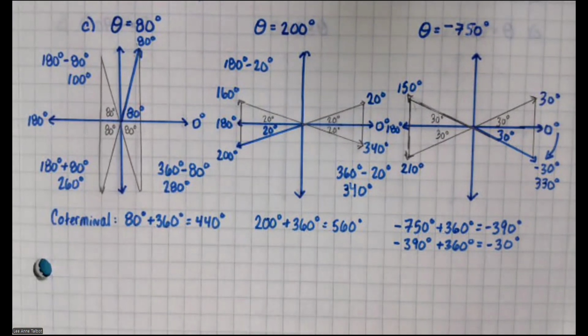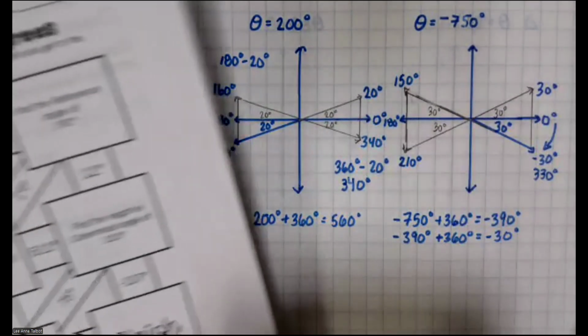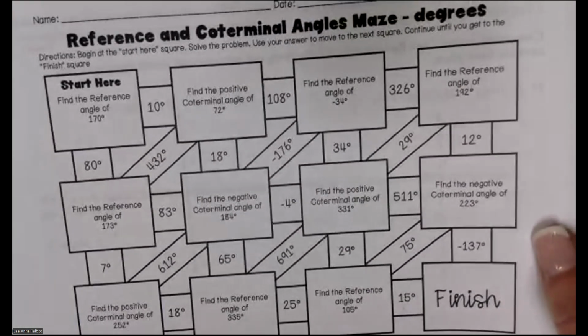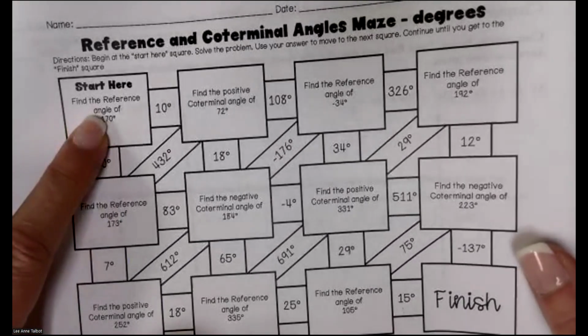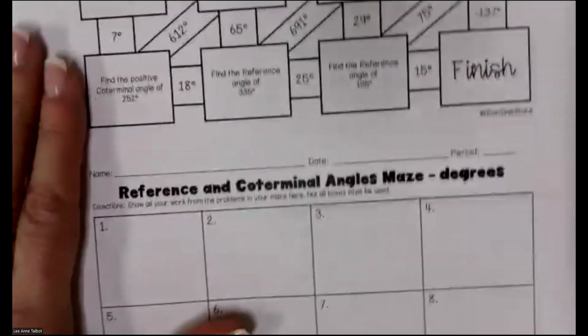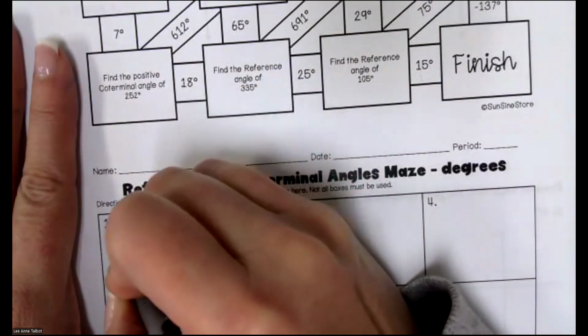Okay, now go back to your packet, find the homework, please. I'm going to do the first problem with you. Okay, this is the homework. It's a maze. It's not supposed to take you very long. It's supposed to be fun. Start here. It says find the reference angle at 170. Okay, so come down to this little box. Just make a little sketch.